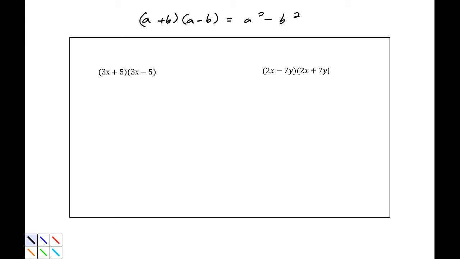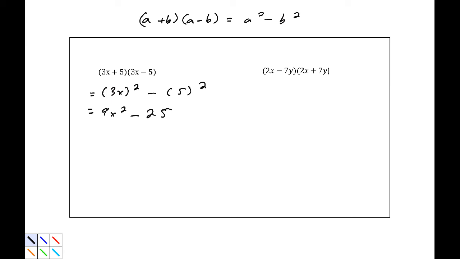So 3x squared minus 5 squared is what this is going to result in based on that formula. That would be 9x squared minus 25. Again, you might multiply that out and see that it is equal.